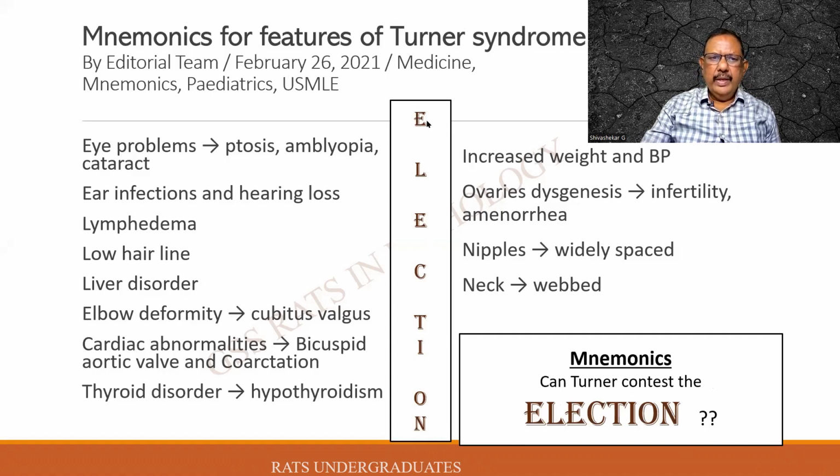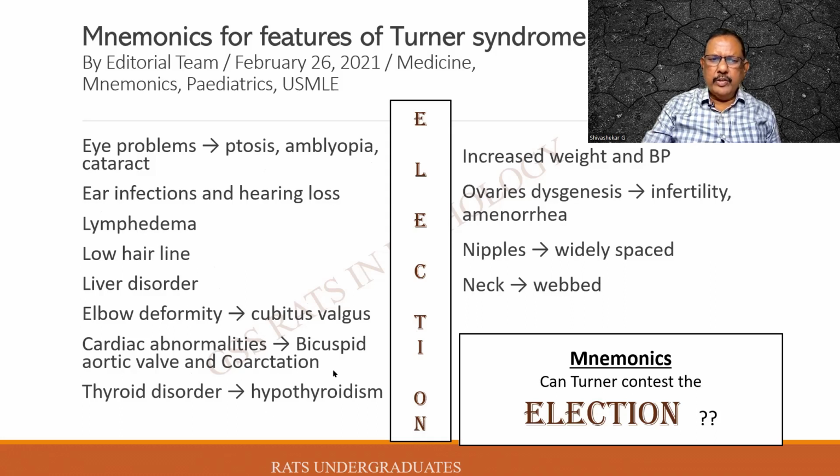Let us see. E stands for eye problems, which can be ptosis, cataract, etc. Ear infections, again. L for lymphedema, low hairline, liver disorders. E again for elbow deformity or cubitus valgus. C for cardiac abnormalities such as bicuspid aortic valve or coarctation.